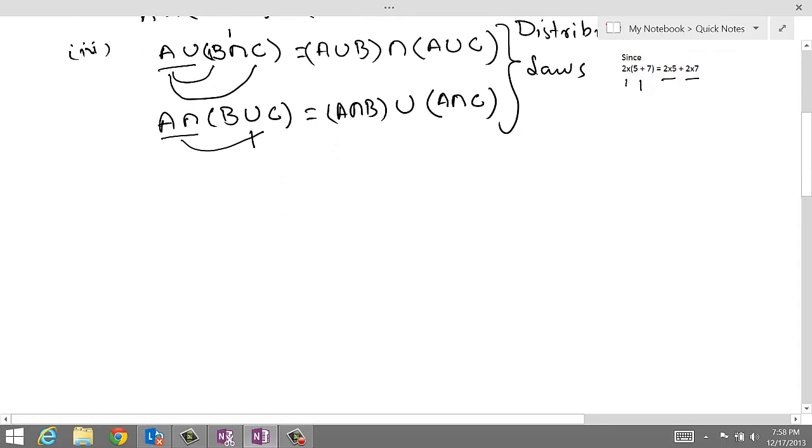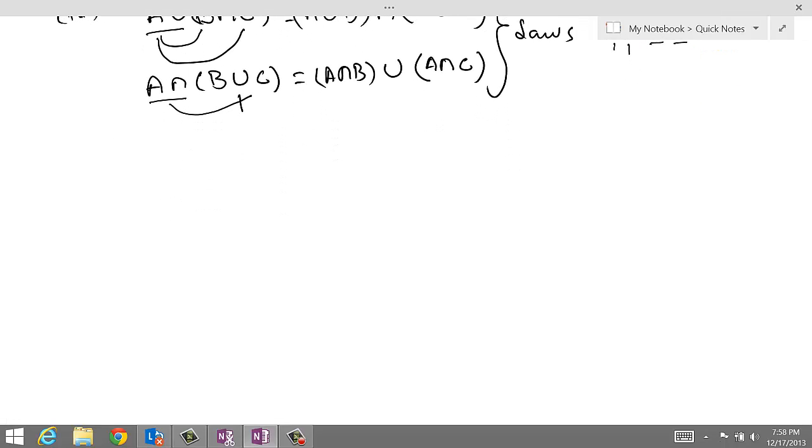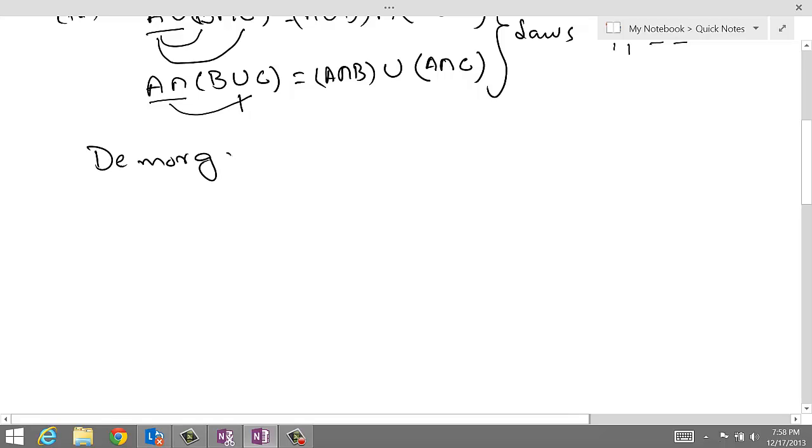And the next very important set of laws is De Morgan laws. These laws are very helpful in understanding Boolean algebra.